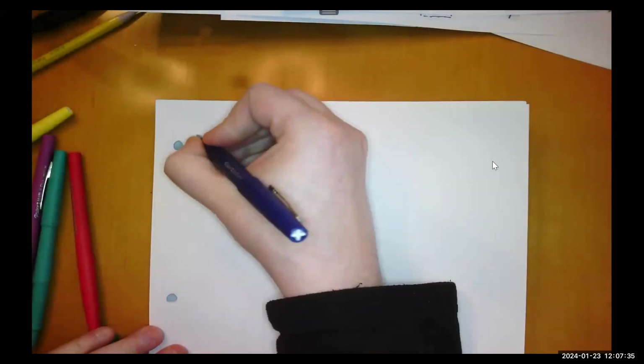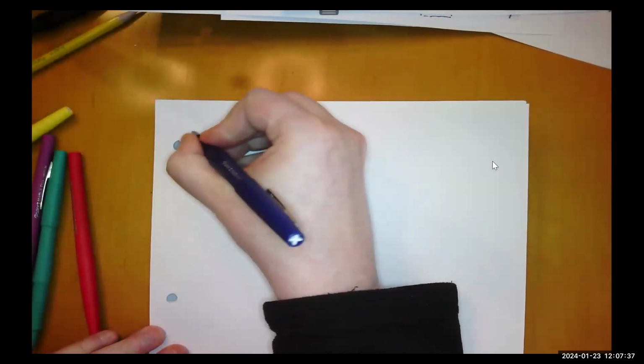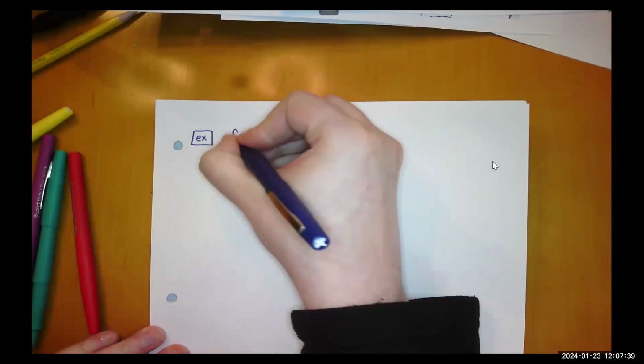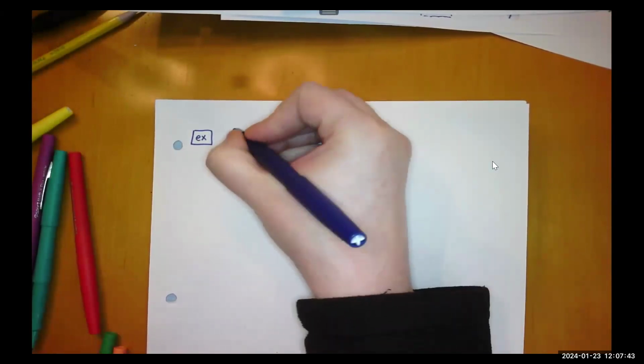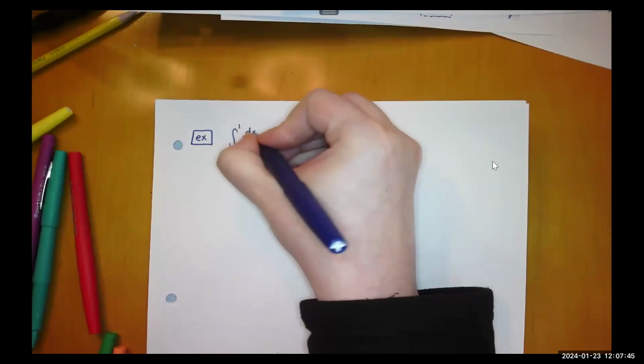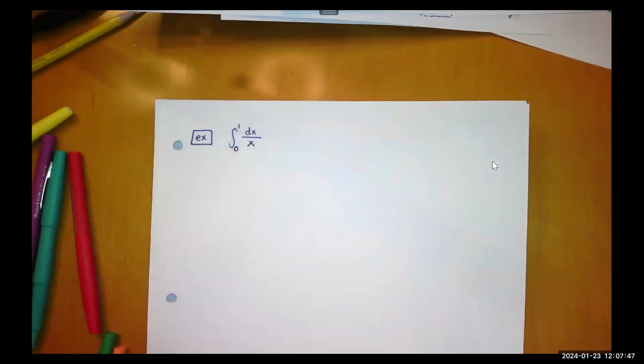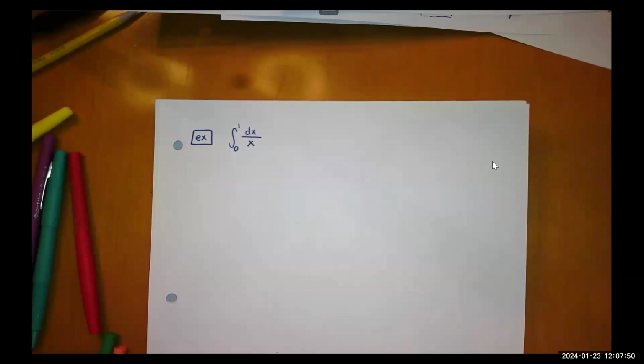So this is another variation of an improper integral. And the integrand on its face doesn't look too problematic, and the limits of integration on their face don't look too problematic.